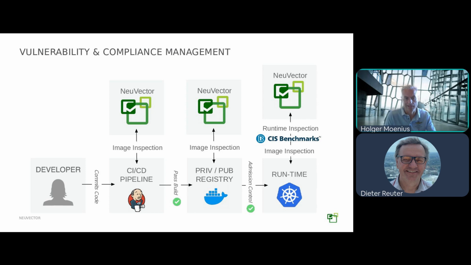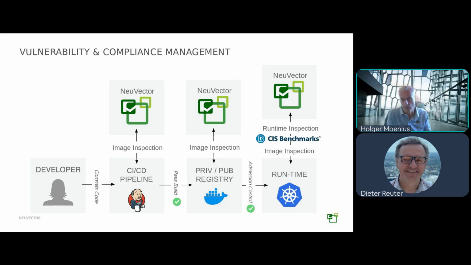So even though we got acquired by SUSE, we will continue as a neutral tool. We can integrate most of the standard pipeline tools as well as most of the registries. So if you heard that SUSE acquired Rancher as well, it's not the case that we are supporting Rancher only. Most of our customers today, I would say 90%, are OpenShift customers.